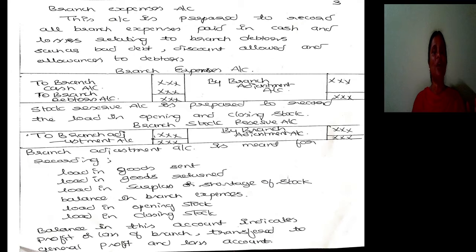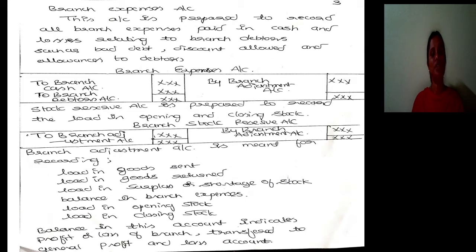The stock reserve account is meant specifically for loading in opening and closing stock. The branch adjustment account is specifically for loading in goods sent, goods returned, surplus stock, shortage or deficit stock, opening stock and closing stock. All these will be recorded in the branch adjustment account.